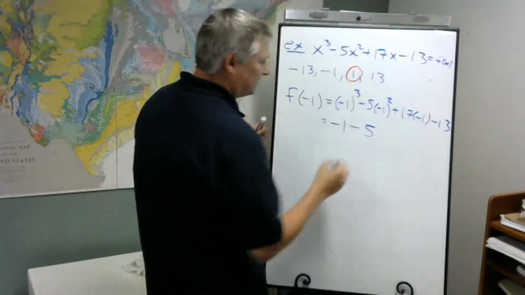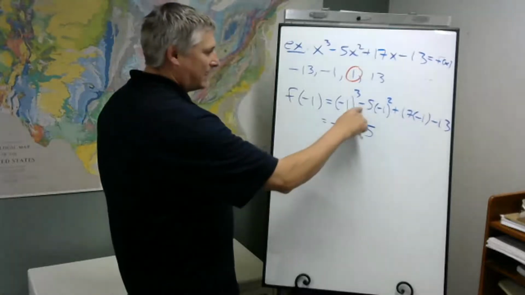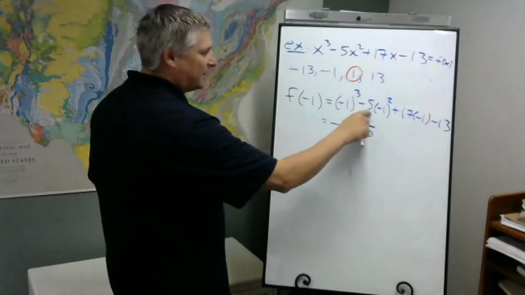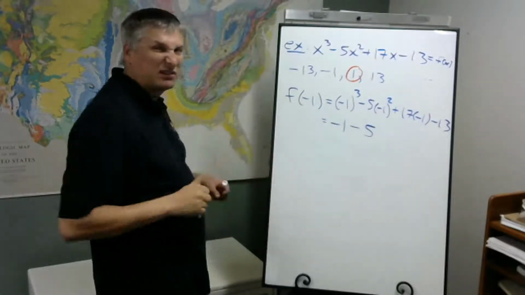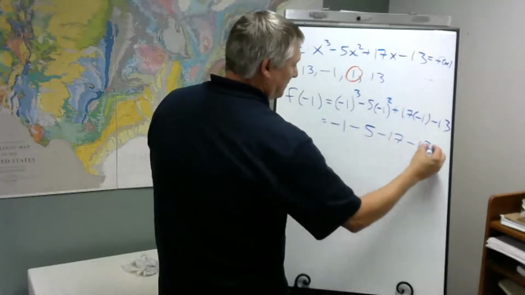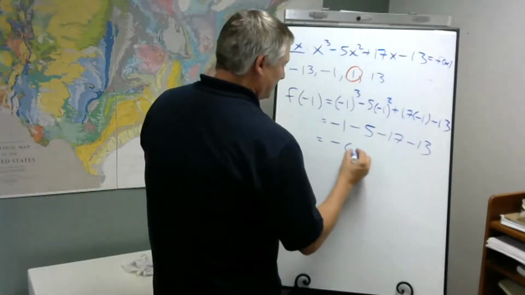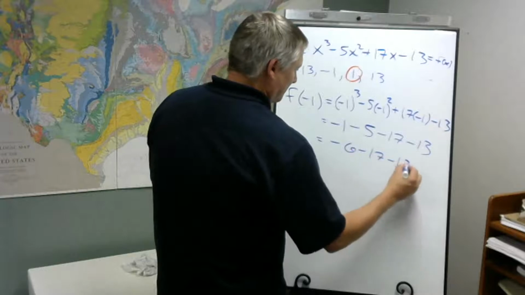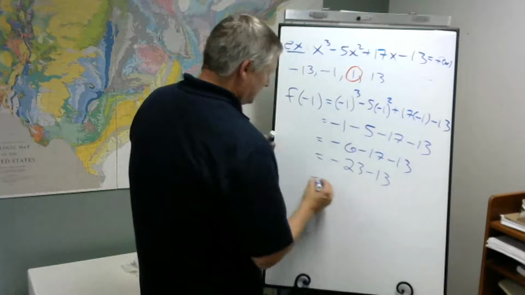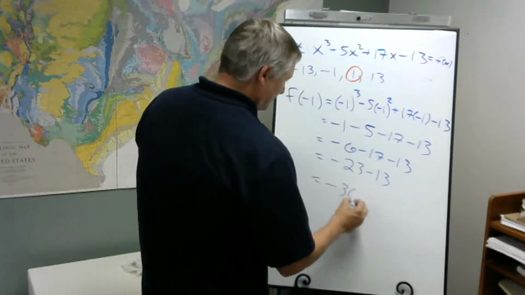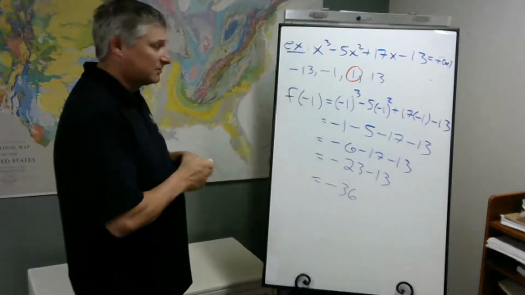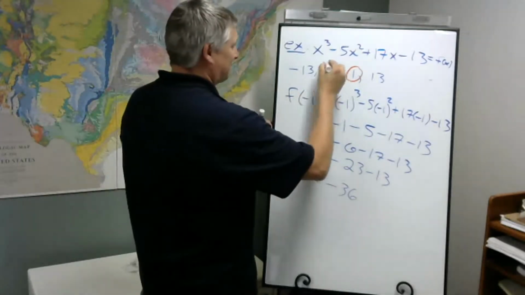So +1 times 5, the minus sign stays and nothing gets modified here, because you get 5 times +1 and the minus is going to stay. But this one becomes -17, -13. Not even close. -36 did not give us 0. So -1 didn't work.